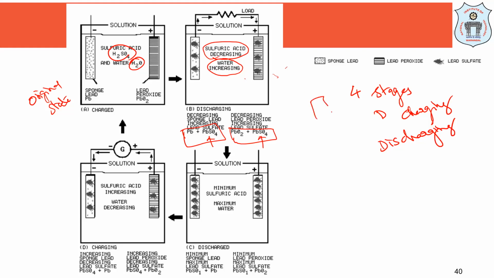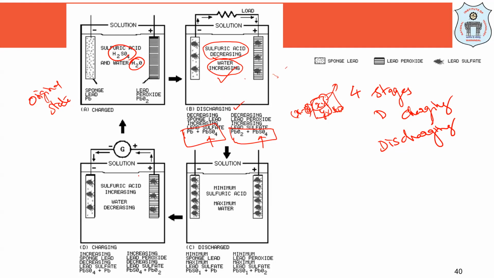Say in the composition X percentage is sulfuric acid and Y percentage is water. When X is reduced to X minus some Z percentage, that has got deposited. So obviously the composition is changing, which means that the water content in the battery electrolyte is increasing. So that's what happens during the discharge process.